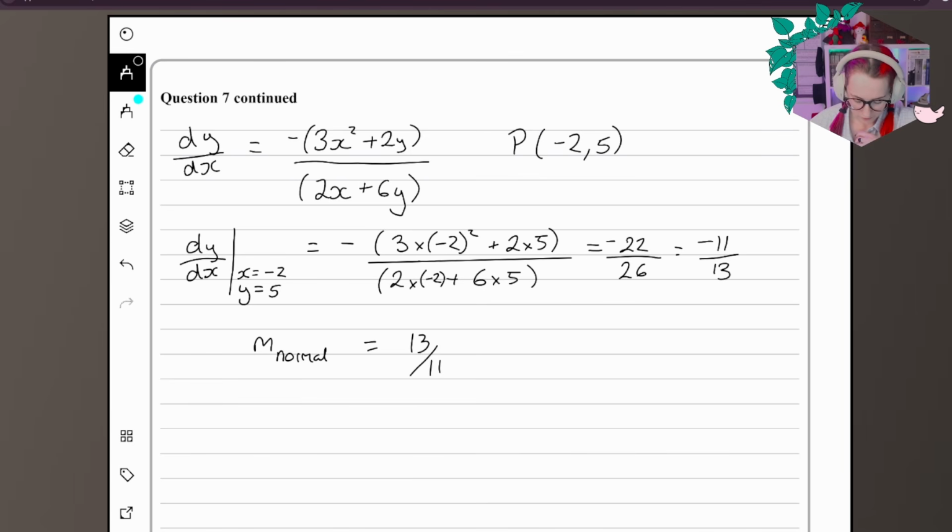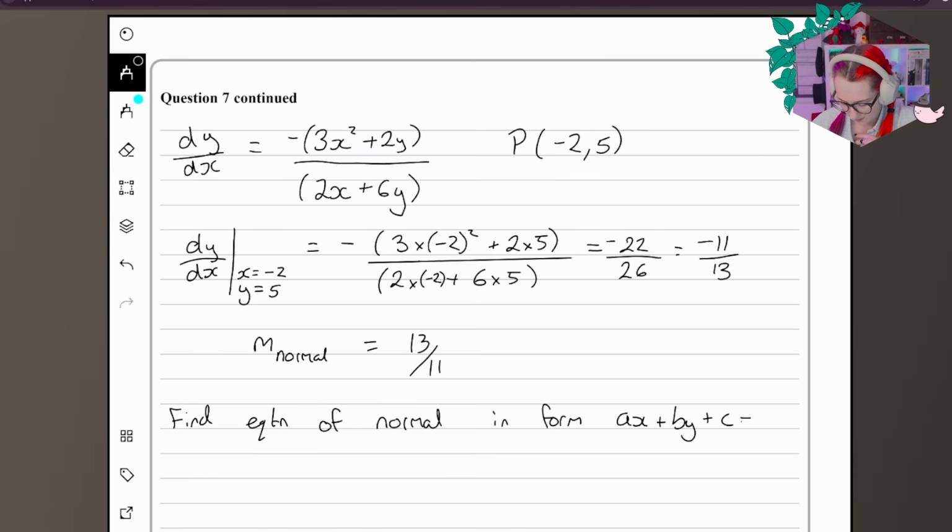Okay, so we've been told to find the equation in the form ax plus by plus c equals 0. We know that the normal is a line that passes through the point P, because it's the normal at that point.